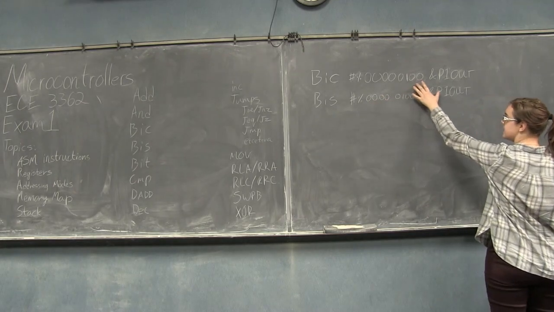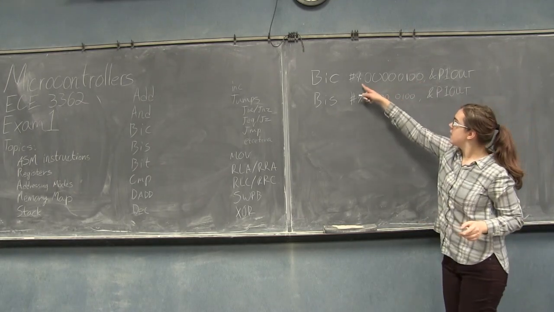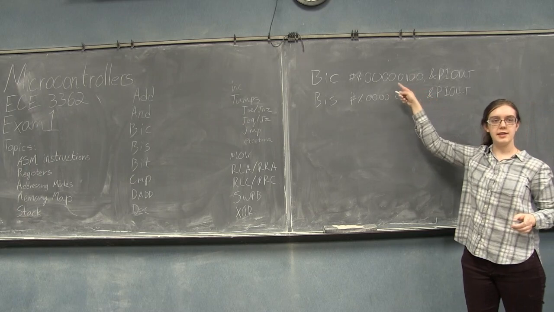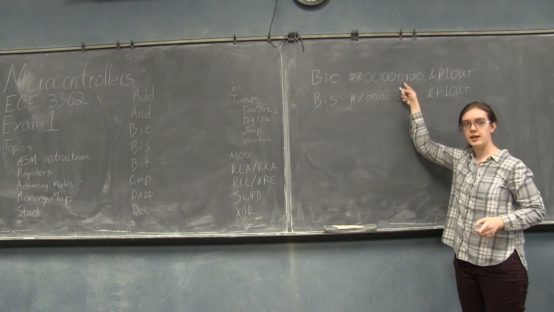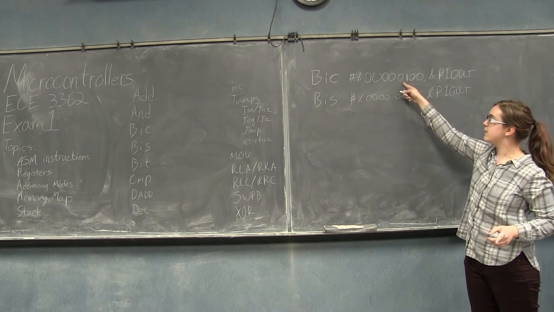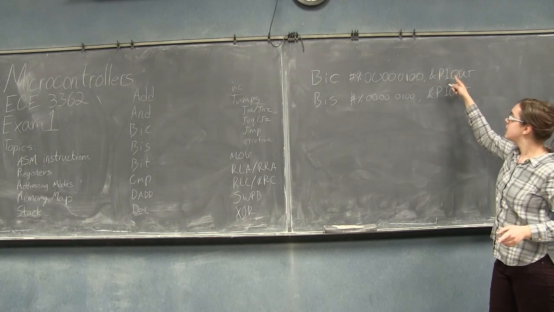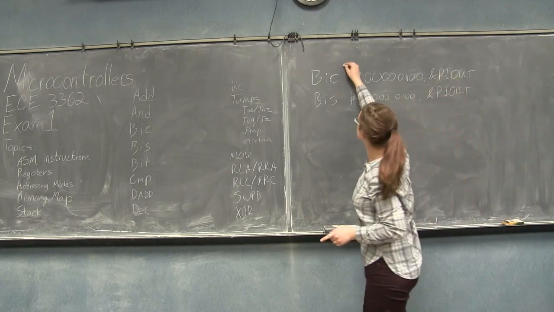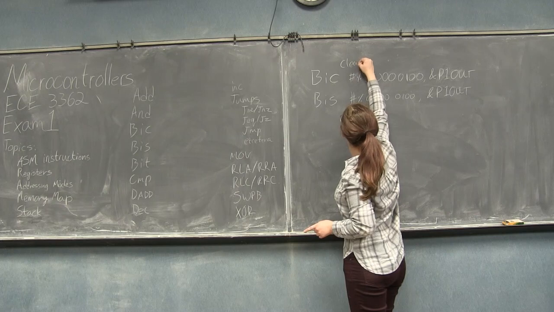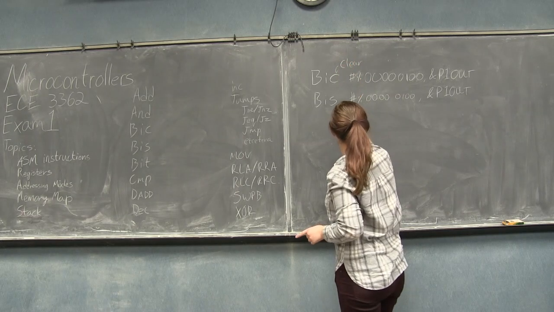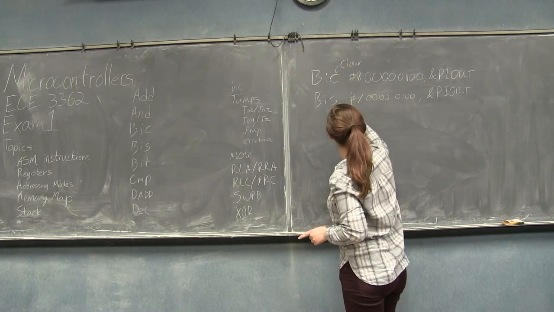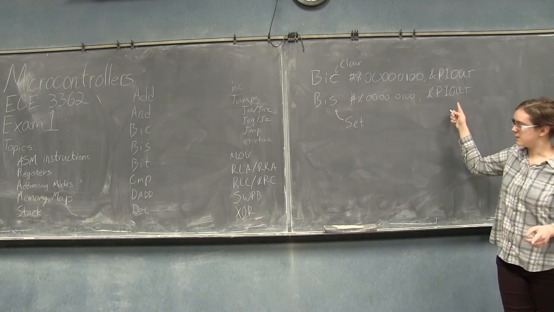So what this does is it takes whatever bits are selected in the source of this instruction, and it sets those bits in the same position to either clear or set in this position.